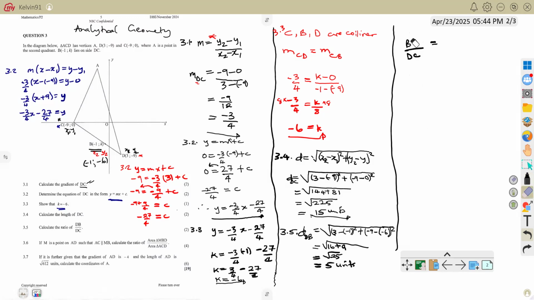Let me write it the way it's written. This DB, we calculated the distance and found it to be 5, divided by the other one, which we found to be 15. So it means that the ratio is equal to 1/3.